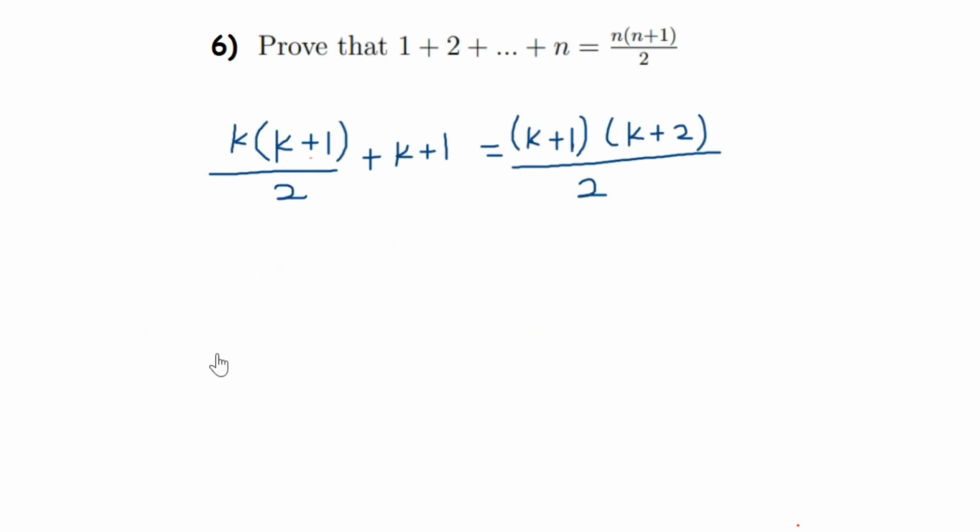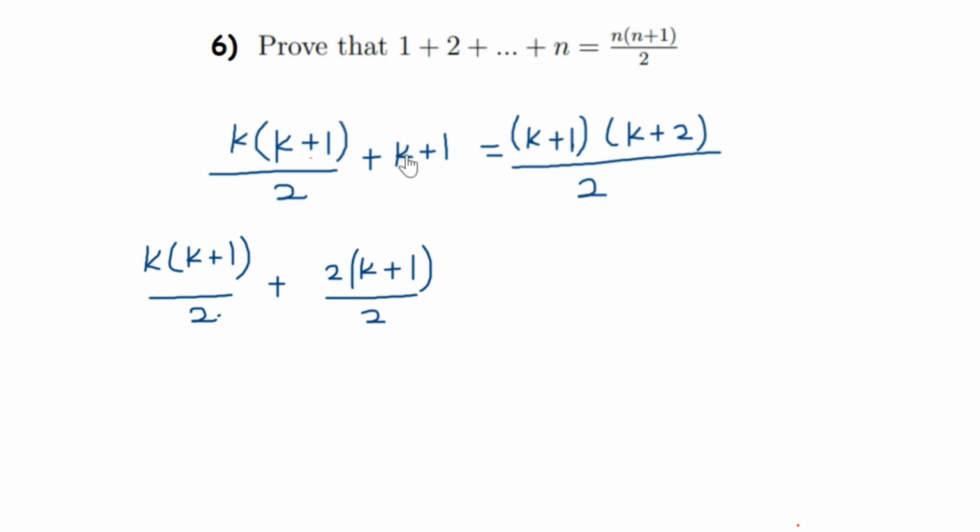Okay, so now let's continue. I'm going to write what I have on the left hand side here. That was k multiplying k plus 1, divided by 2, plus this k plus 1 here. I'm going to rewrite this in a different way, by bringing the bracket in, multiplying by 2, and then dividing by 2.